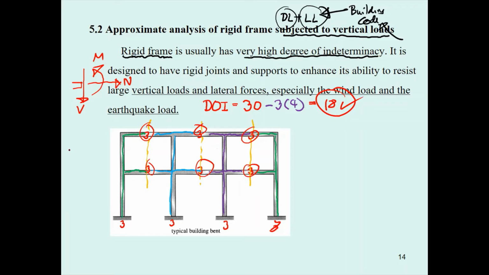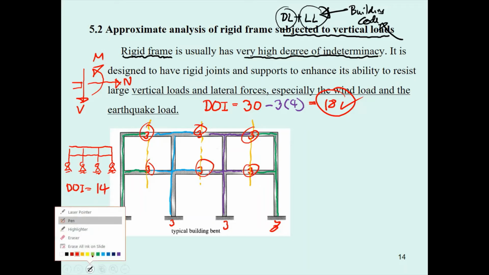But if your frame has a pin support like this, you cannot only count as I previously lectured. Okay, if the structure has the pin support, the degree of indeterminacy here is going to be only 14. Okay, and then how come that is going to be 1, 2, 3, 4, 5, 6?